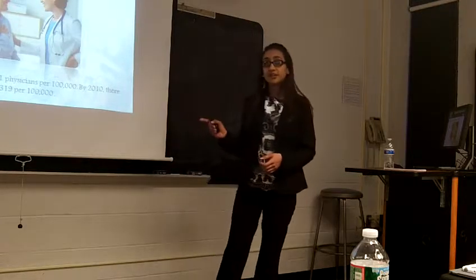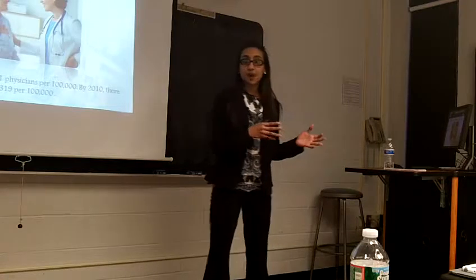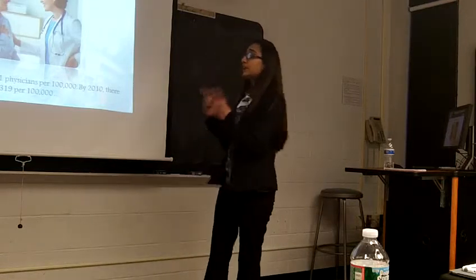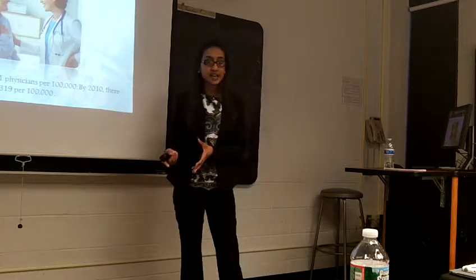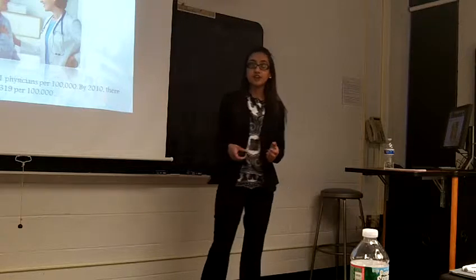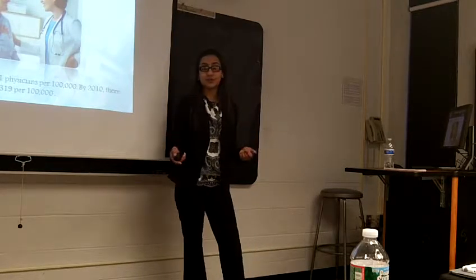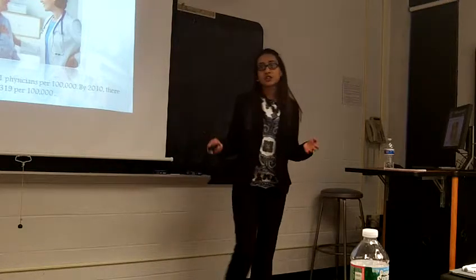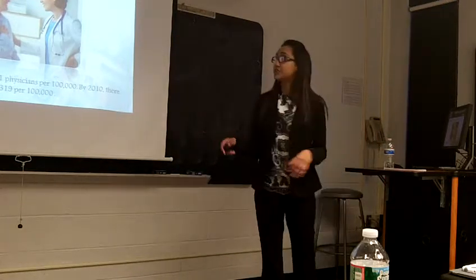What they found is that in 1970, for every 100,000 of the population, there were only 167 physicians. By 2010, there were 319 physicians. Areas such as New Jersey were enjoying 404 physicians. So that gives a good background on access to healthcare across the country in general.